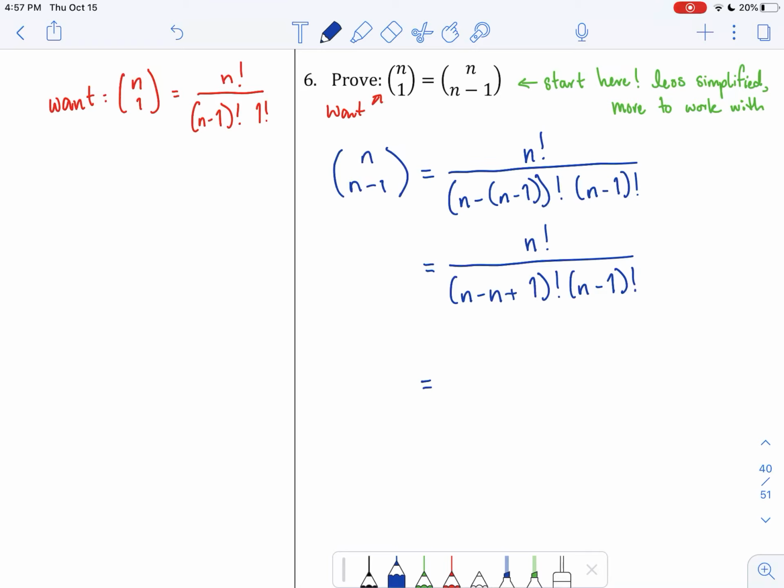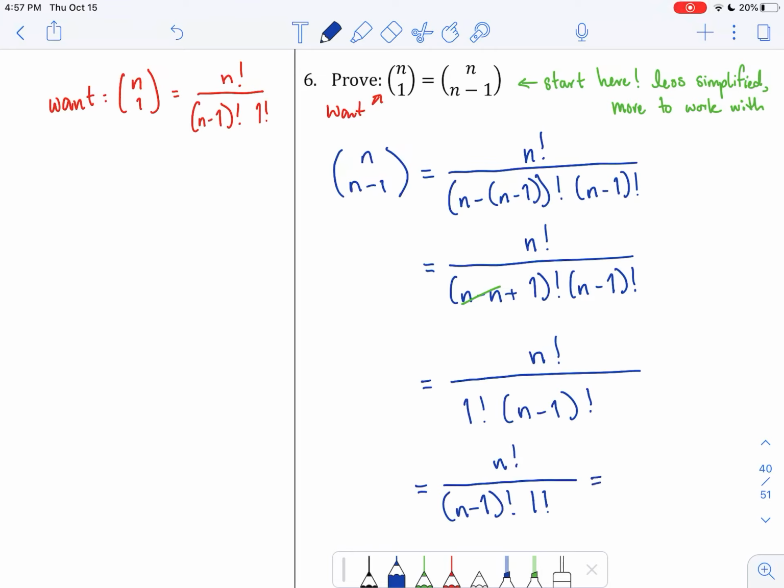So now we've distributed the negative in the parentheses, so we get n minus n plus 1. N minus n cancels out. So we are left with n factorial over 1 factorial times n minus 1 factorial. And this is why it's nice to know what we want, we're nearly there. We're just going to commute the terms, like the commutative property, in the denominator.